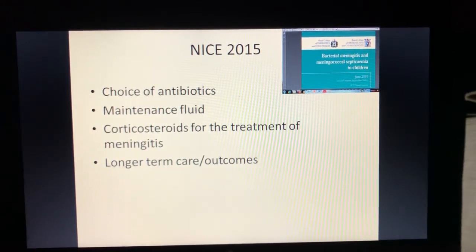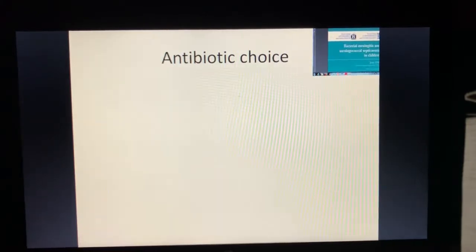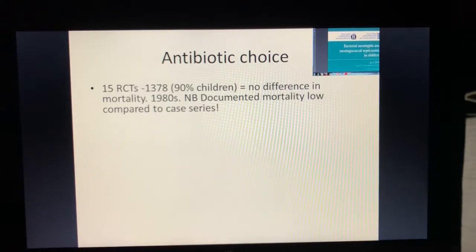So if we start with steroids, there's data from just under 1,400 children which showed no difference in mortality rates in randomized controlled trials of different antibiotic regimes.